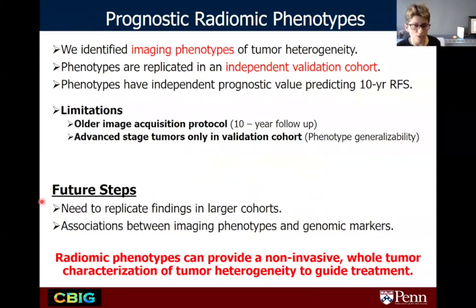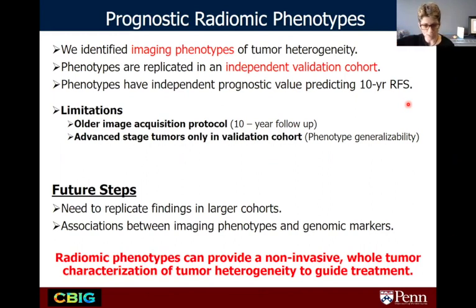So in this study, we looked at the prognostic setting, right? Getting that information at baseline where we make decisions about where we assign therapy upfront, where we identify tumors of imaging phenotypes of tumor heterogeneity. We have replicated them in a completely independent validation cohort from different institutions. Actually, the validation set is multi-institutional.